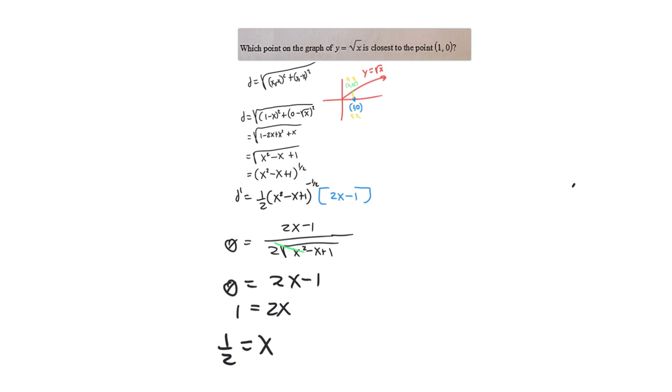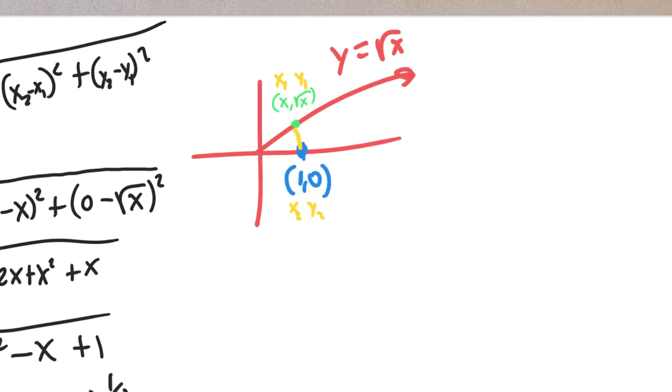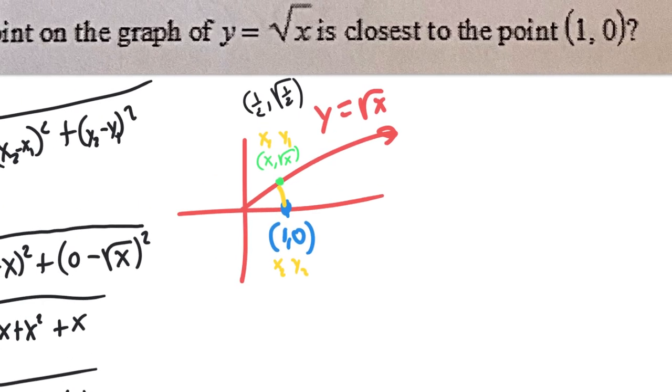Now, if x is 1/2, well, that corresponds with this x, but the y is going to be radical 1/2. Now, if the teacher is a stickler for rationalizing the denominator, that would become 1/2 comma radical 2 over 2.